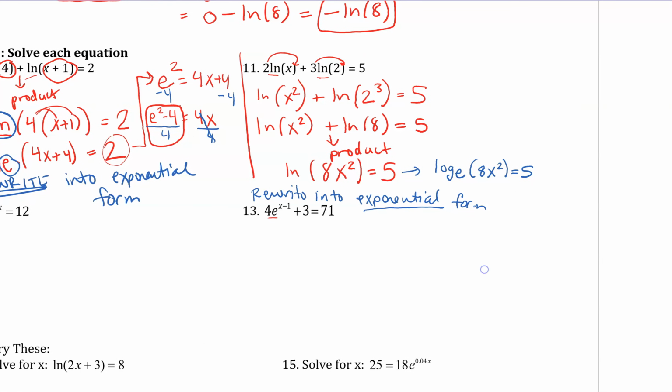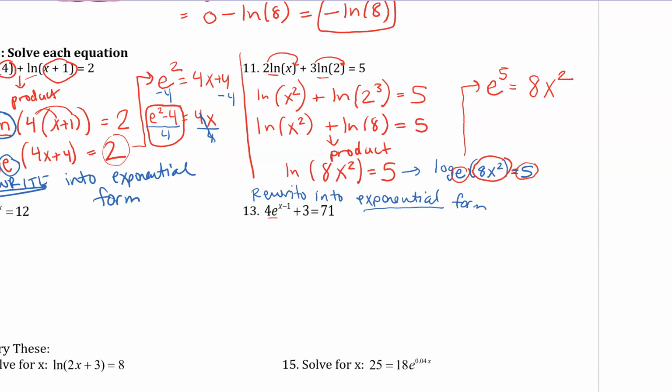So let me do that over here. I have a base e, so that's my base, and then it's being raised to the power of 5. Whatever the log equals is the exponent, so 5 is the exponent, and then the 8x squared is the result, right? Whatever's inside the log is the result of raising e to the power of 5.